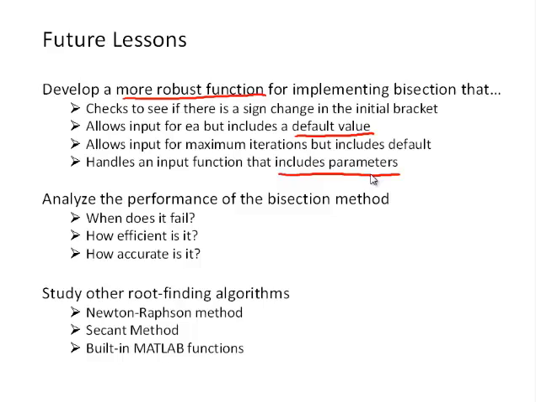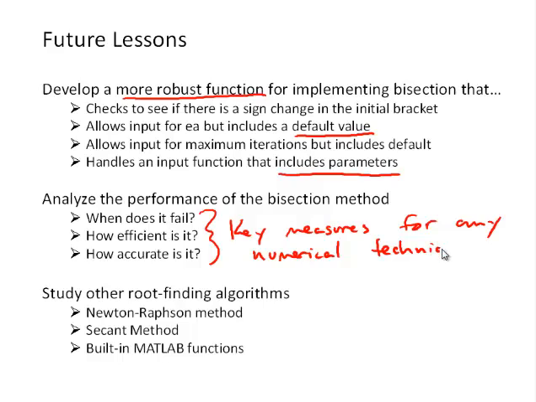We'll also analyze the performance of the bisection method and really look at these key measures for any numerical technique. We want to know in general, when we look at any numerical algorithm, when does it fail? How can we rely on it?